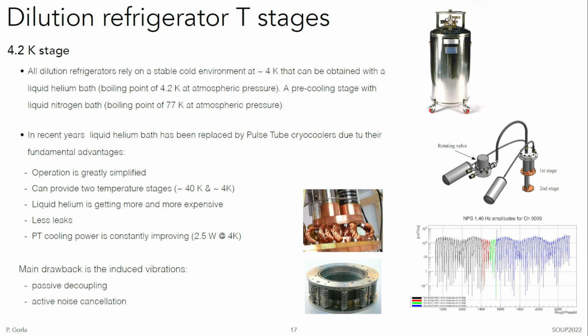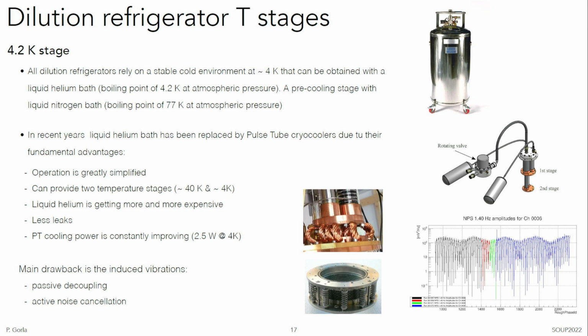How much vibration do you need to induce, through friction for example, an energy dissipation of 10 to the minus 19 joule on your detector? Not that much. So dealing with this can have downsides, and this is why people develop a number of systems to decouple vibration induced by this machine, and also active noise cancellation systems, just to allow the operation of cryogenic detectors.